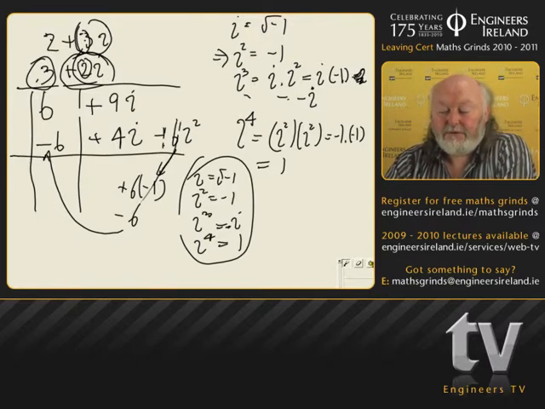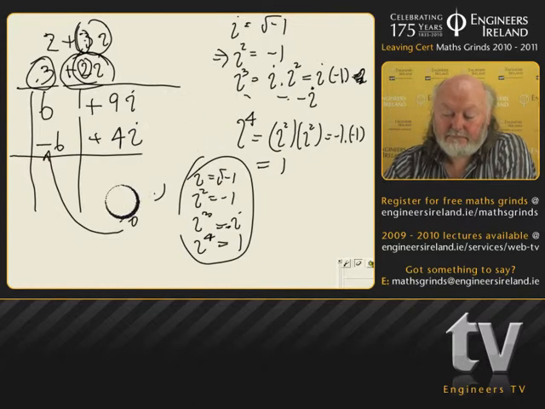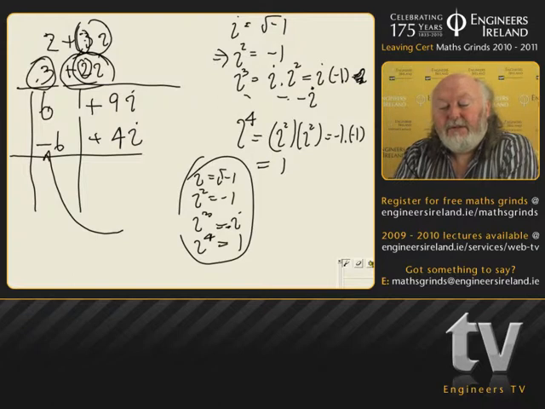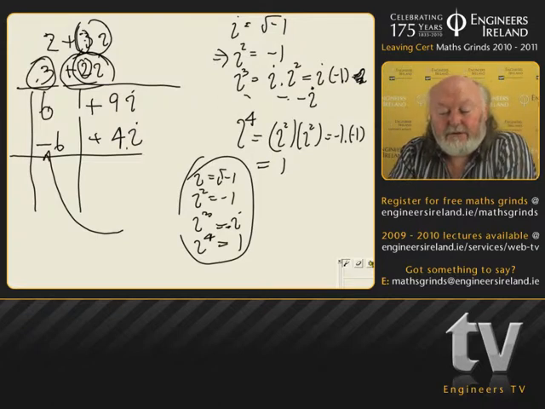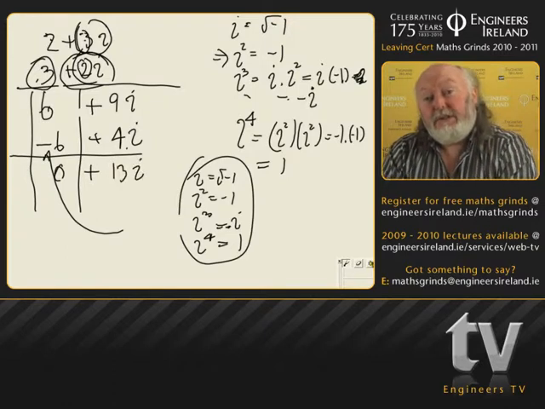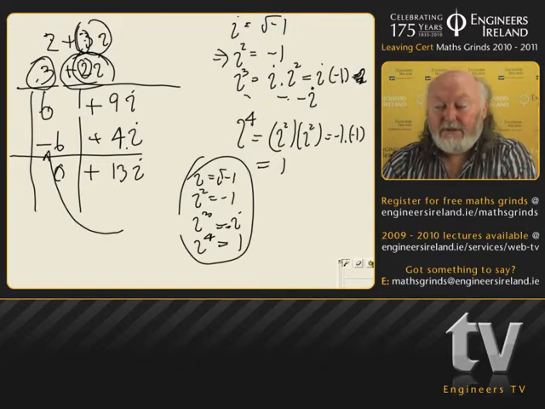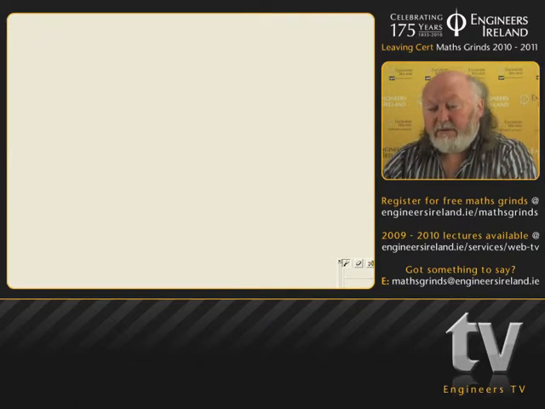So now, all this stuff has been moved over here so I can get rid of it. And you add reals with reals and imaginary with imaginary. So I'm going to get 0 real plus 13i. Multiplication then is not hard. All you have to know about multiplication is that i squared is minus 1.